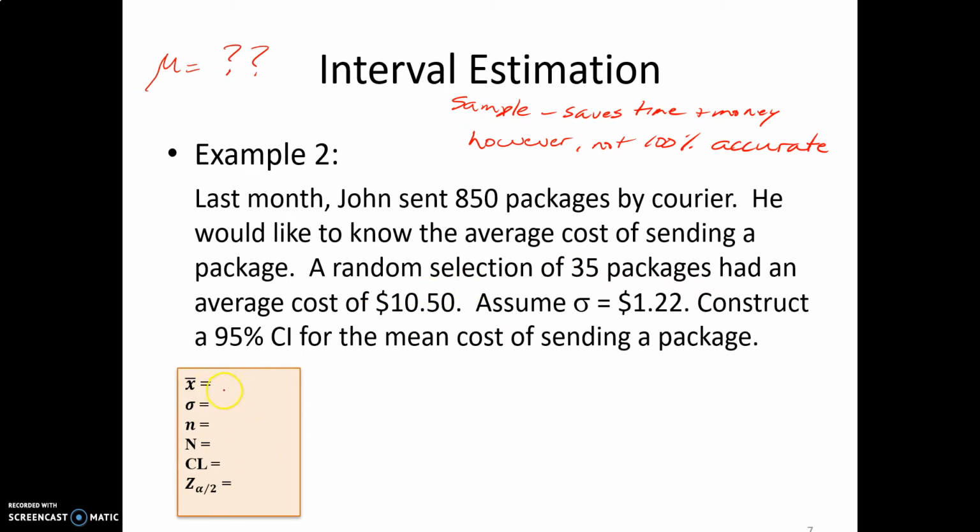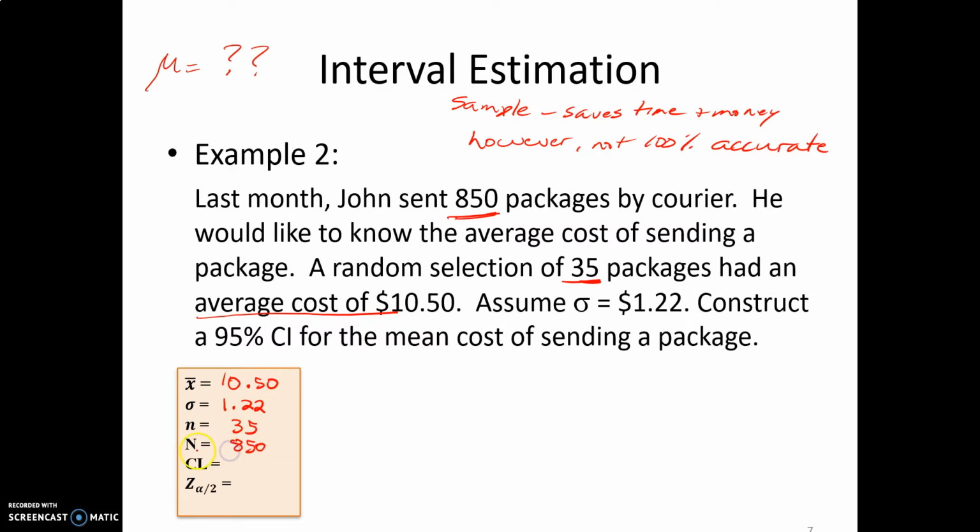So let's write down what we know. The average cost from the sample was $10.50. The population standard deviation is assumed to be $1.22. The sample size is 35. He just randomly selects 35 receipts. But we also have this number. We know that there's 850 in total.